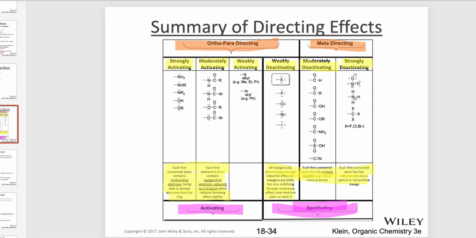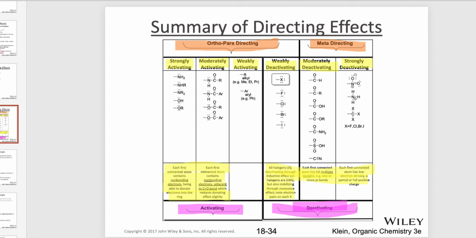Basically, through an inductive effect, halogens will deactivate, but once the reaction happens, halogens have an electron pair that can help stabilize any kind of charges in the reactive intermediate. That is the key part of halogens. So they will be deactivating at first, but they are also going to be ortho-para directing, as they can use that electron pair to stabilize the intermediate.